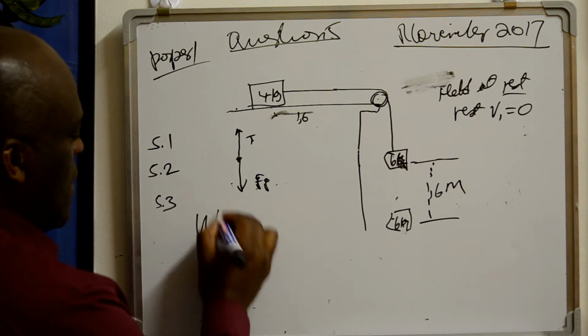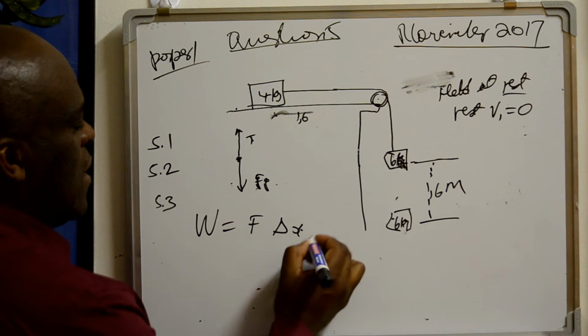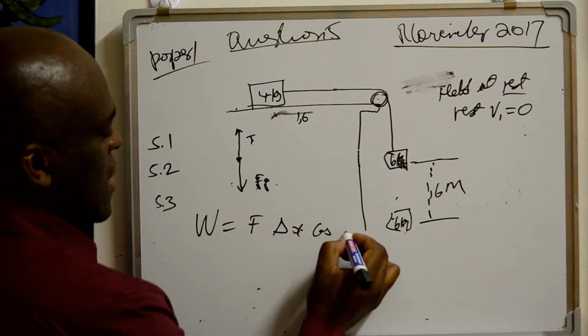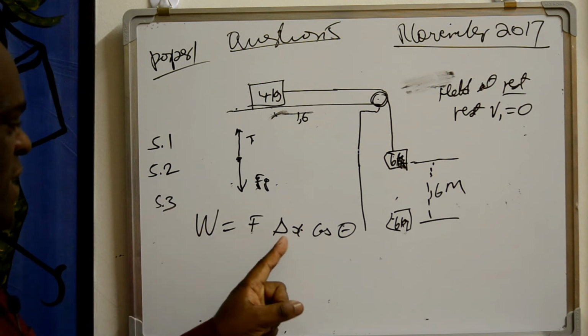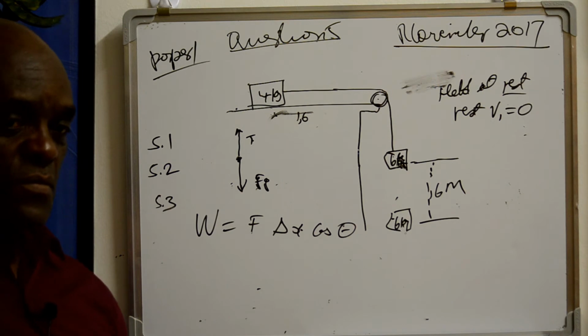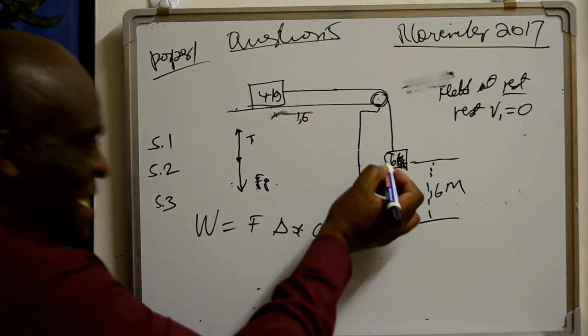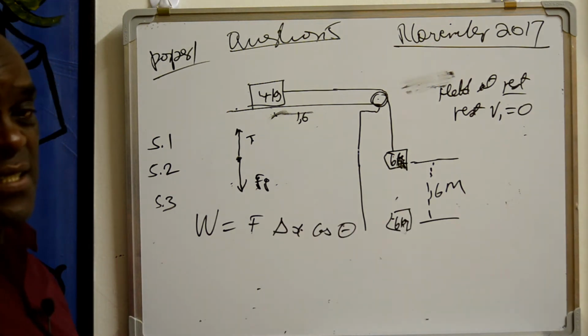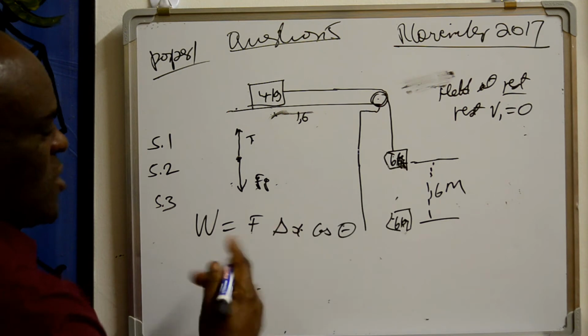The work done, we know, is F delta x cos theta. That's when you talk of work done. On the 6 kg, this is the work done, not net work.